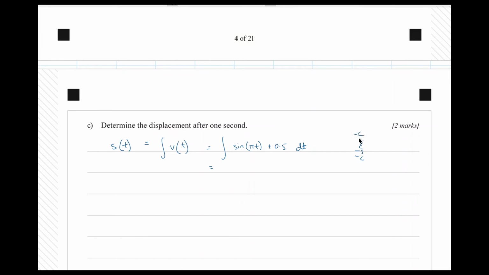So we know that sine integrates to negative cos. And we're going to divide by the derivative of the bracket, which is pi, plus 0.5 t plus c.